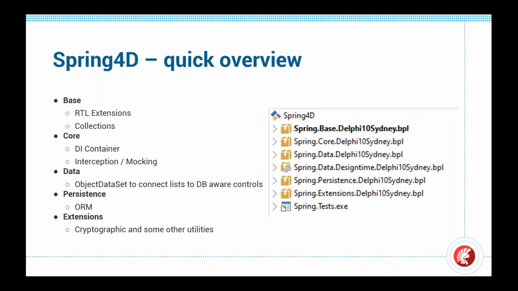Then we have the persistence package, which contains an ORM, and the extensions package with some cryptographic and some other utilities. Although that package is not that much maintained, it works, but it's not actively worked on, and I'm not a cryptographic expert, so if you really want to use cryptographic things, you might use it, but I recommend using a library that is specialized in cryptographic things.